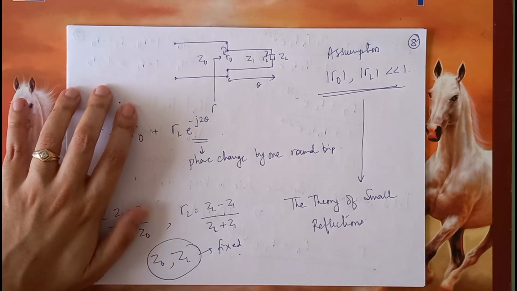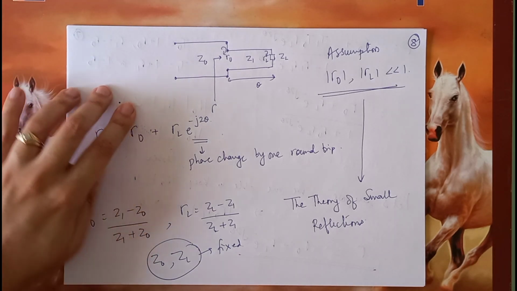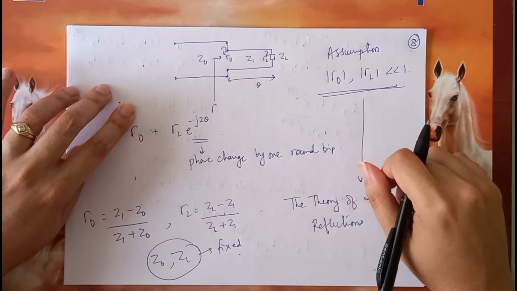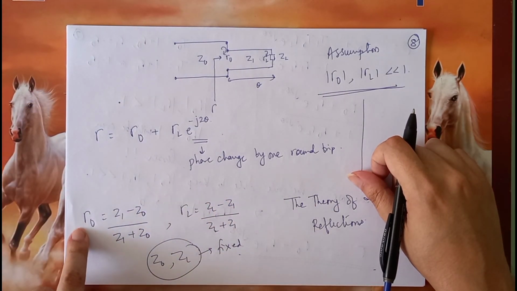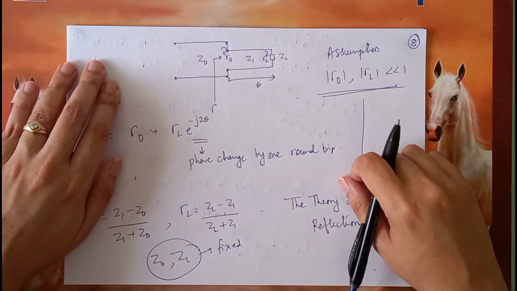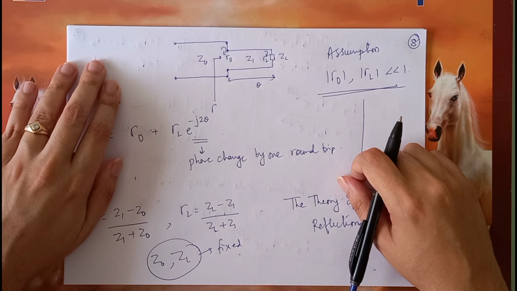So if the difference between Z1 and Z0 or ZL and Z1 is very large, then the notion of the magnitudes of gamma 0 and gamma L being much less than 1 is incorrect.